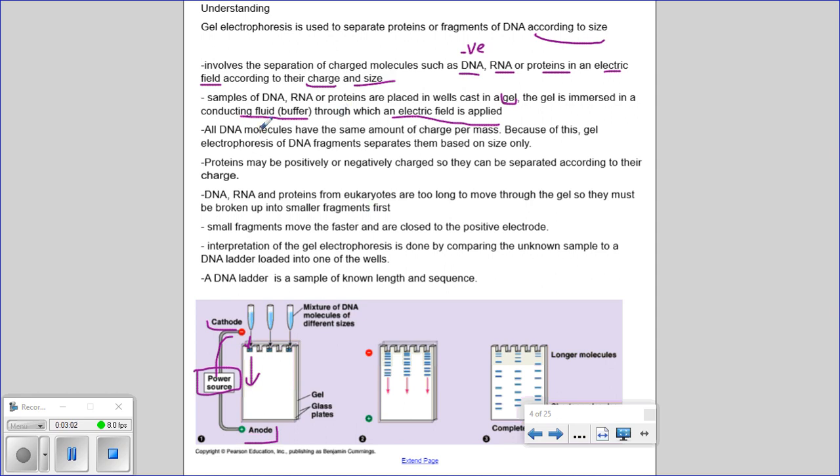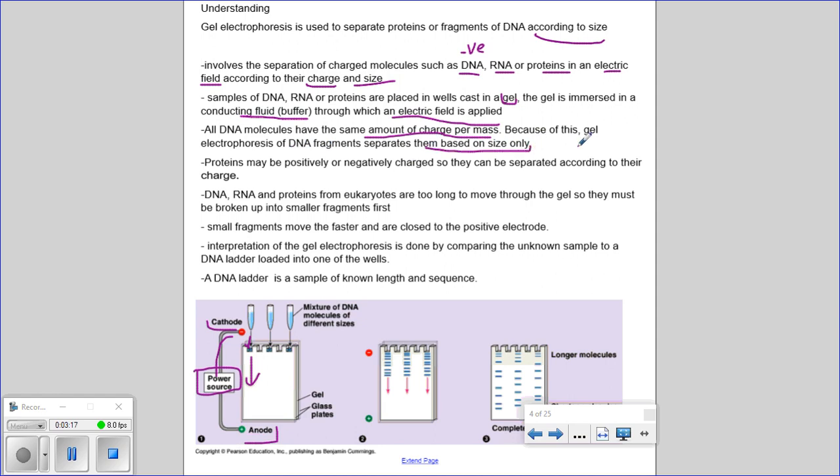Now, the fluids that the DNA, RNA, and proteins are put into are going to have the same amount of charge per mass. Because of this, gel electrophoresis of DNA fragments will separate them based on size only.